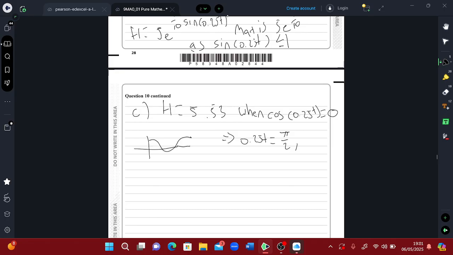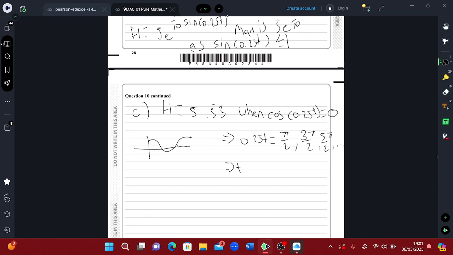So when it's 0, it first hits at pi over 2, then it hits here at 3 pi over 2, or 270 degrees. And it also repeats every 360, or 2 pi. So we keep adding 2 pi onto this, so then that'd be 5 pi over 2, then 7 pi over 2, and so on.